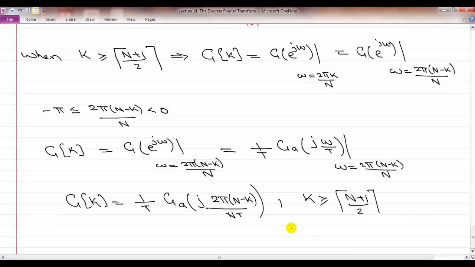So, effectively you can say that G_a of j 2 pi N minus k over N T is equal to T times G[k].